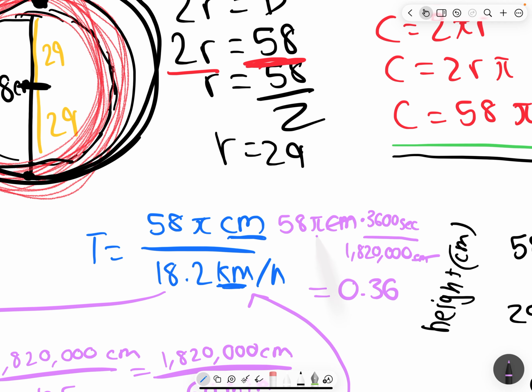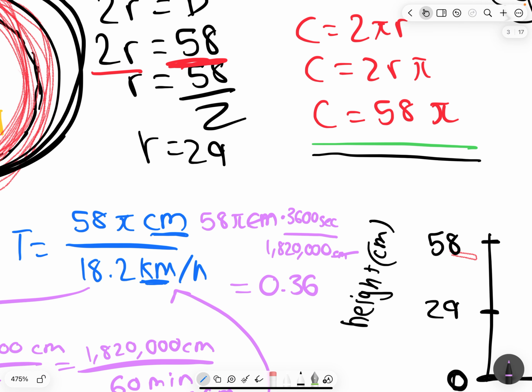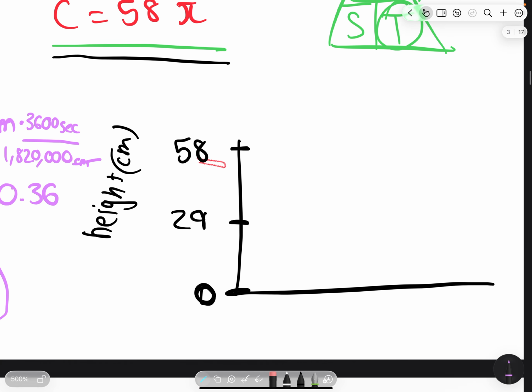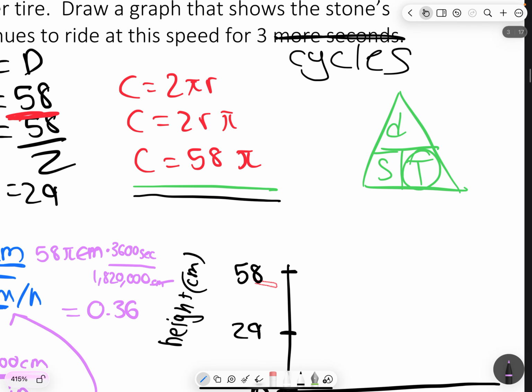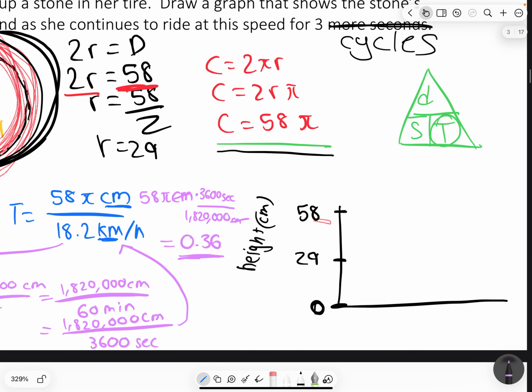You do 58 times pi, multiply by 3,600 and divide everything by 1.82 million. So now you can see that this value is there only for one cycle, because this is the time it takes for one circular spin to occur.